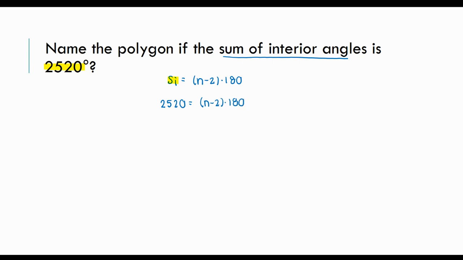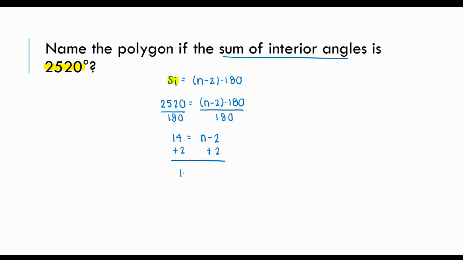Once again, I think the fastest way to then start solving for n is to get rid of the multiplication. So I'm going to divide both sides by 180. That would then give me 14 equals n minus 2. Last step to get n by itself is to add 2 to both sides.